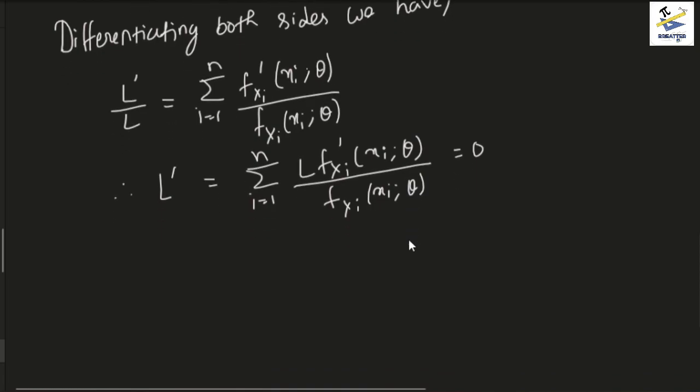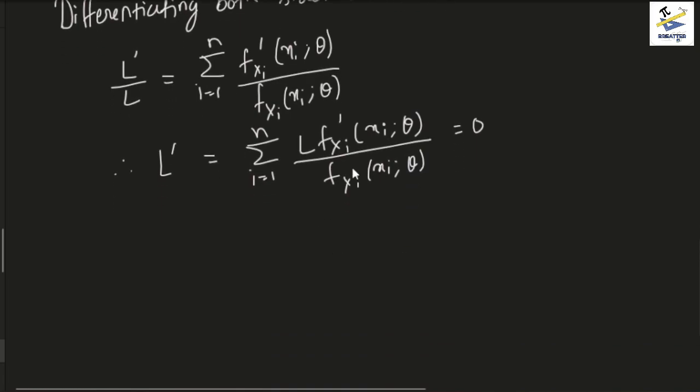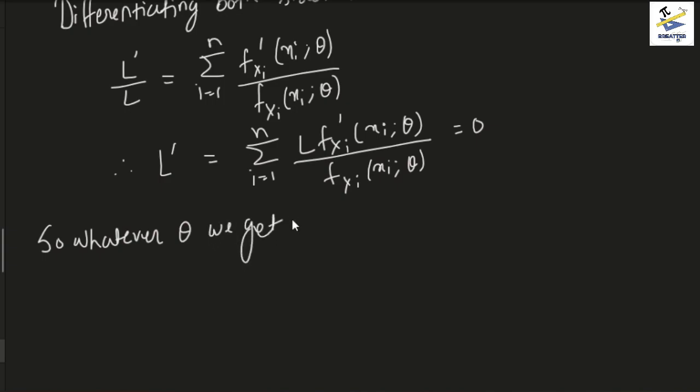And when this is equal to 0, we can find certain values of theta. Whatever theta we get is called theta MLE, which maximizes the likelihood.